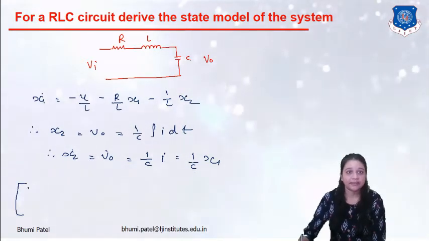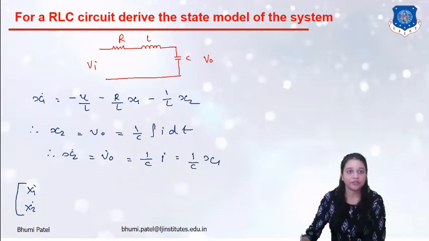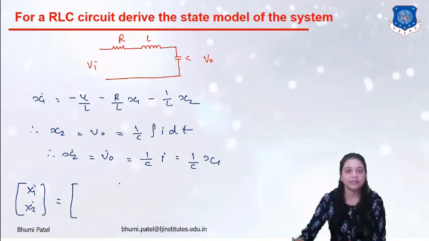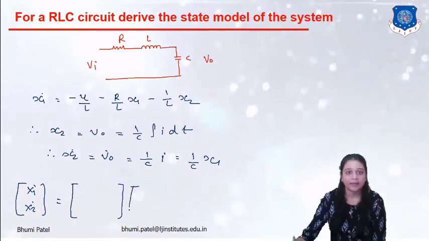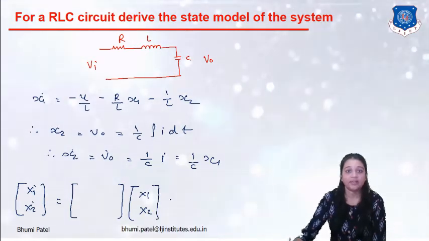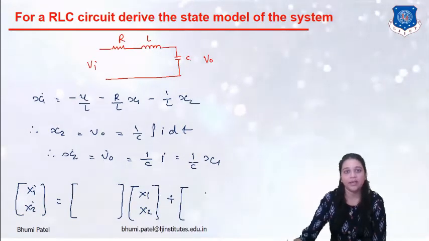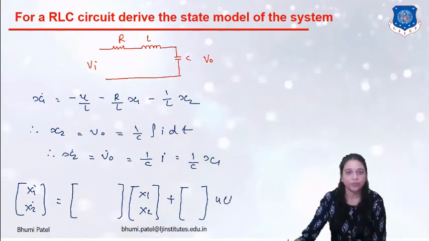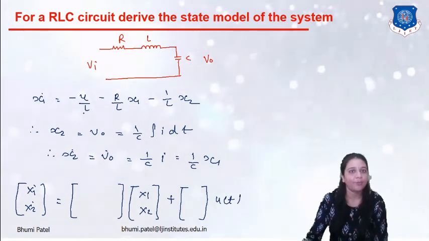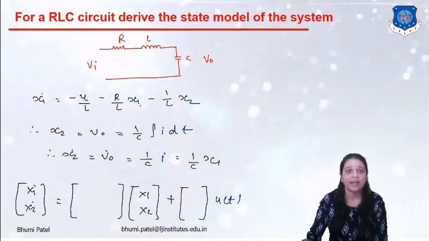So this is the x1 dot and this is my x2 dot. You can see that this is my matrix and the variables are x1 and x2. We have to find the A matrix, plus this is my B matrix and this is u of t. Here x1 dot is equal to u by L minus R by L into x1.